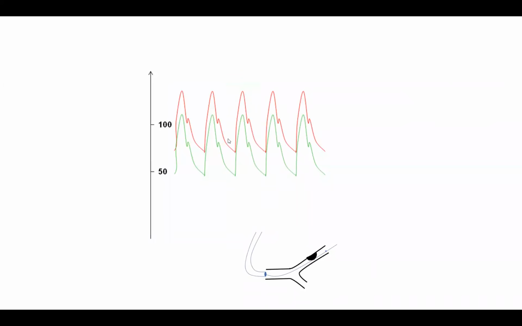What happens here is that there is an error in zeroing of the two pressure transducers, meaning the pressure transducer of the FFR wire and the pressure transducer of the aortic pressure are not calibrated and zeroed at the same level. Basically, you need to pull back that pressure wire, make those transducers at the same level at the tip of the guide, and make sure they read the same pressure.